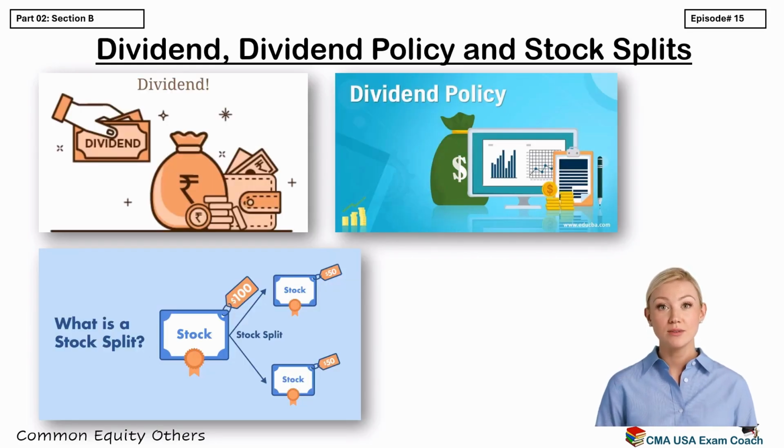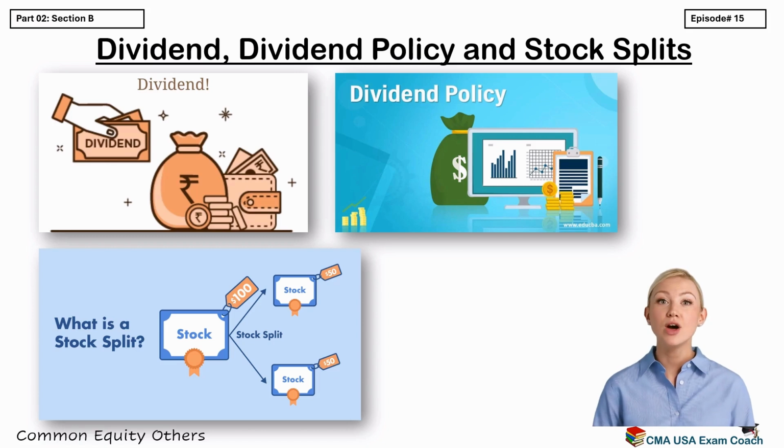In the previous slide, we learned how retained earnings are accumulated and adjusted each year based on a company's net income and dividend payments. Now, it's time to explore the next set of important equity-related topics. In this new section, we will be discussing three key concepts: dividends, dividend policy, and stock splits.